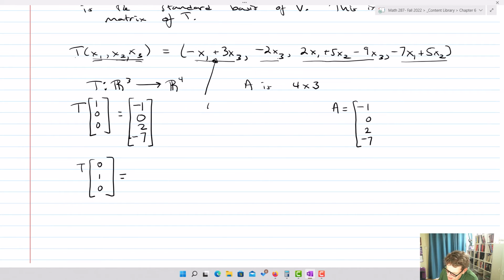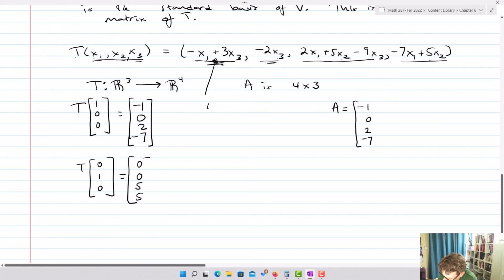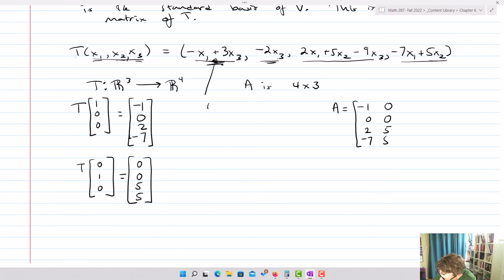That's going to end up equaling, well, no x2s in the first term, no x2s in the second term, so it's going to be 0, 0. I've got 5 x2s, 5. And then 5 x2s in the fourth row. So that means that my second column is 0, 0, 5, 5.